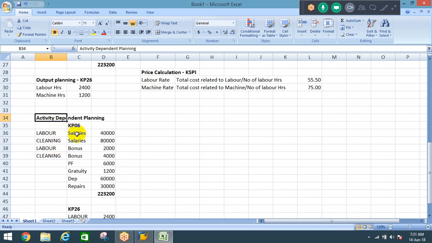Because one cost element can have multiple activity types. That is the reason we cannot use activity dependent planning, because it is very difficult to plan cost element and activity type wise.